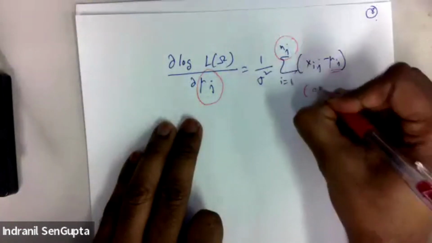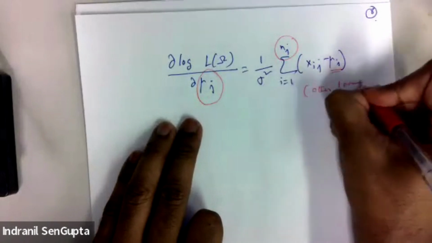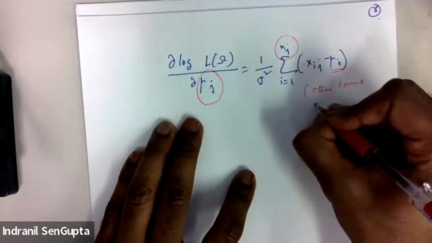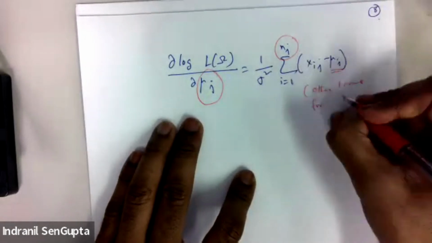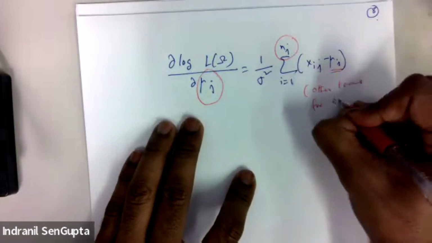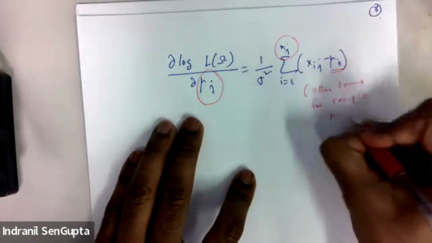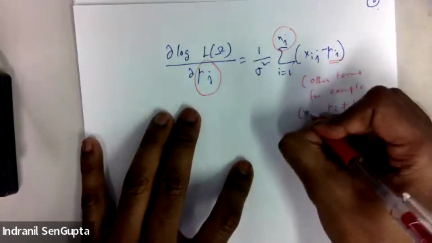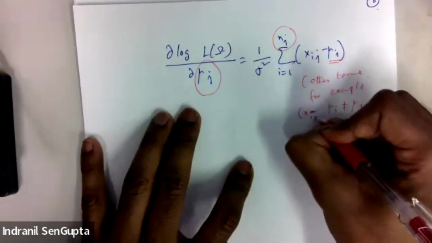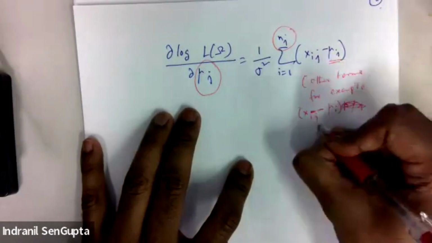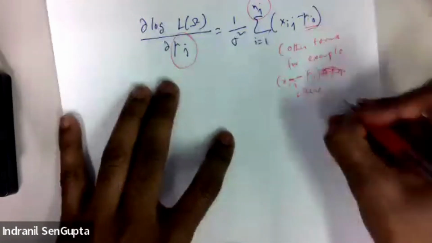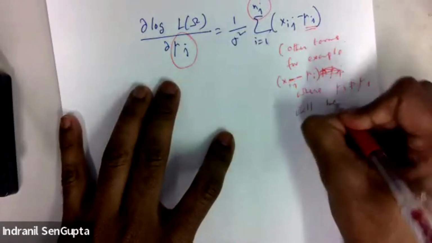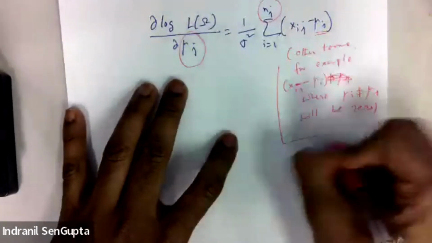Other terms, for say mu i which is not equal to mu j, I'm talking about x_ij minus mu i where mu i is not equal to mu j, will be 0 when you take the partial.